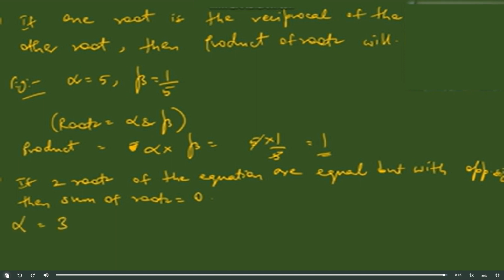Suppose alpha is 3 and beta is minus 3. Then sum of the roots is equal to 3 plus minus 3, which is equal to 0.